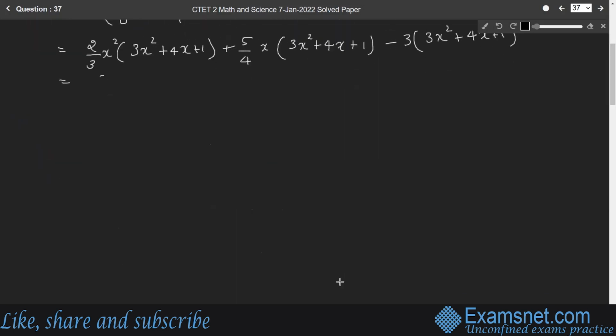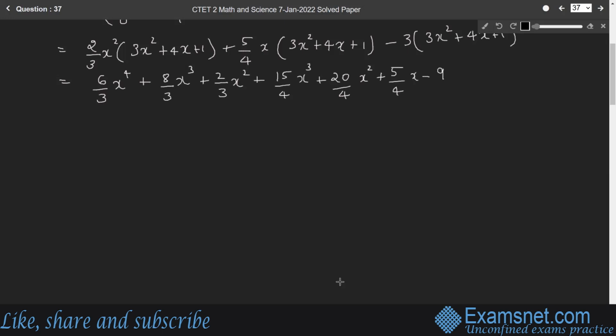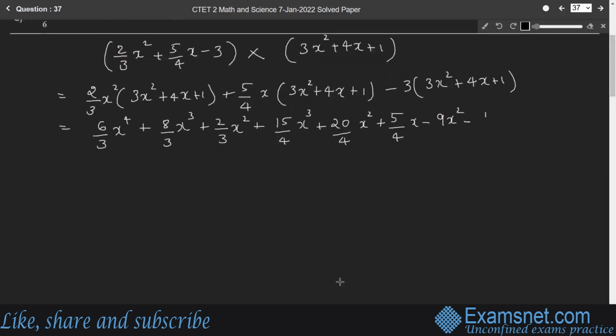so 3 into 2, 6 by 3 x to the power of 4 plus 8 by 3 x cube plus 2 by 3 x square plus 15 by 4 x to the power of 3 plus 20 by 4 x square plus 5 by 4x minus 9x square minus 12x minus 3.